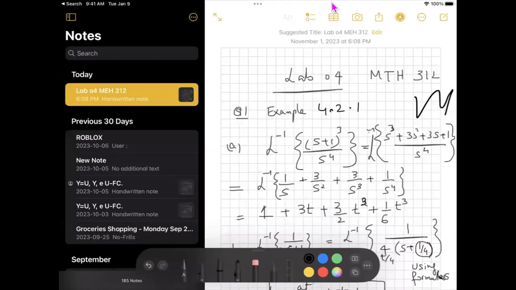Again, screen share. Now can you see it? No, same thing. Now can you see it? Yes, we can see it now. Works, fine.